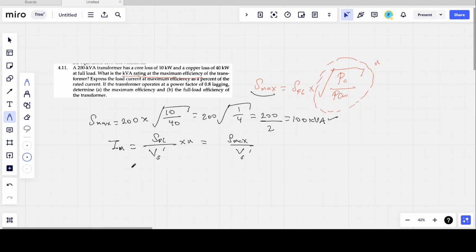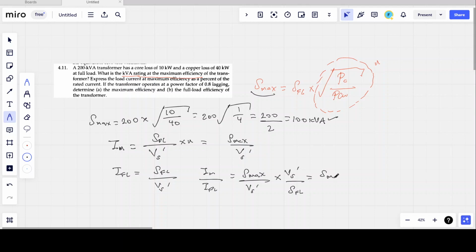And the full load current is I FL, which is given as S full load divided by Vs prime. So if I say I max divided by I FL, then this will be S max divided by Vs prime, times, because it's division, Vs prime divided by S full load, right?